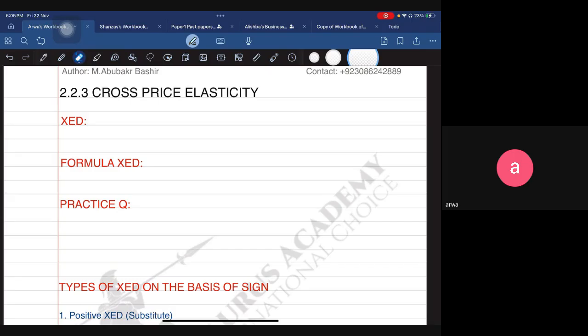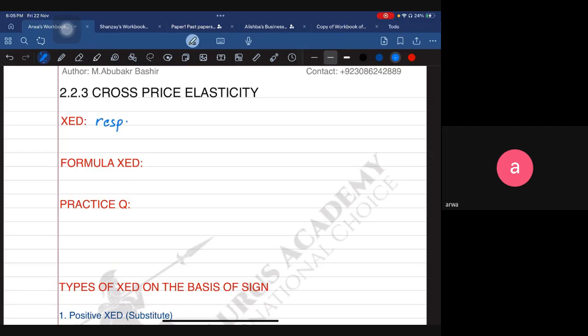According to my knowledge, it's the responsiveness of the changes in price. No, it's the responsiveness of the quantity demanded of one product due to the change in price of another product, a substitute. Perfect.